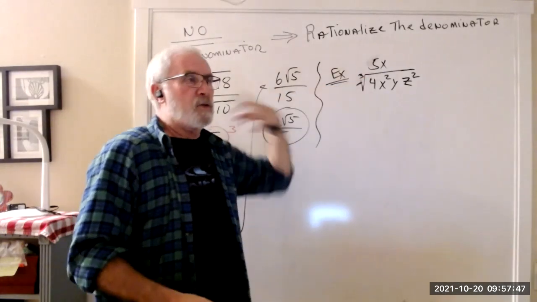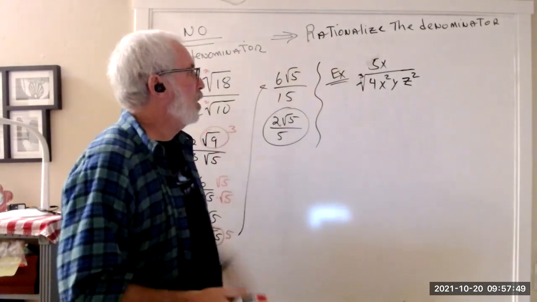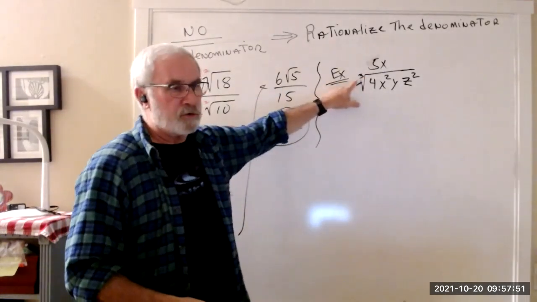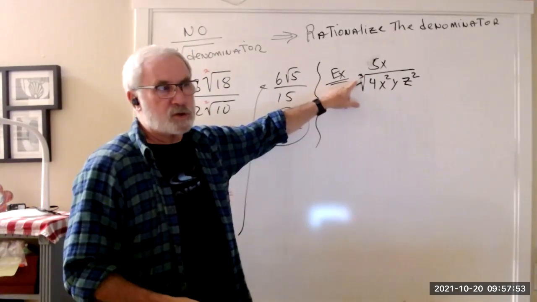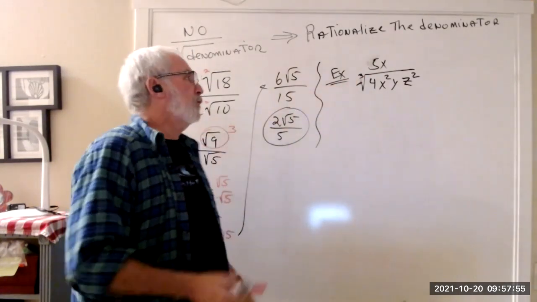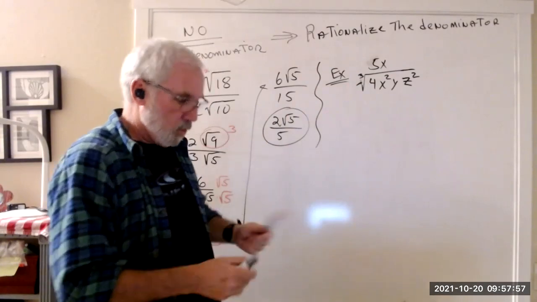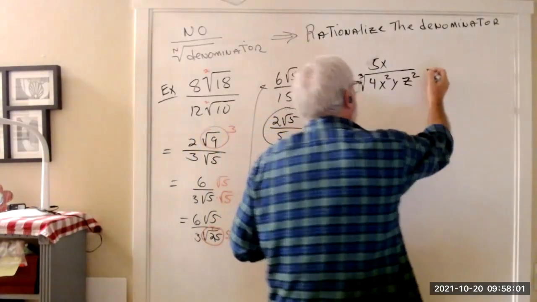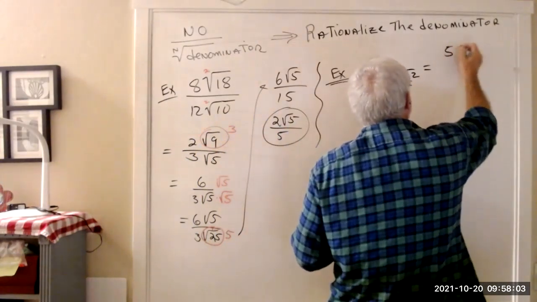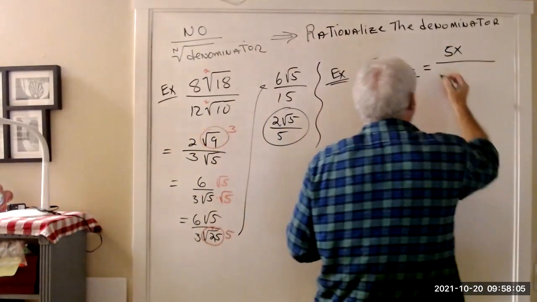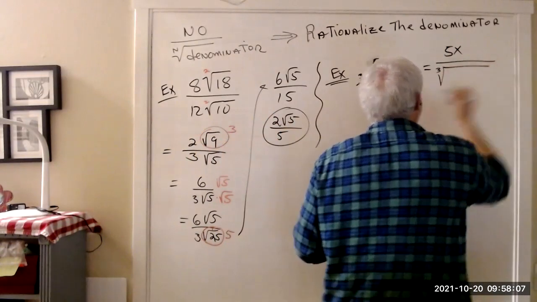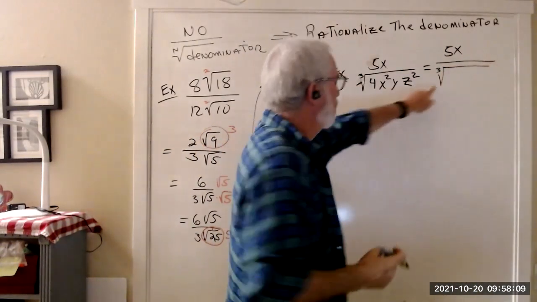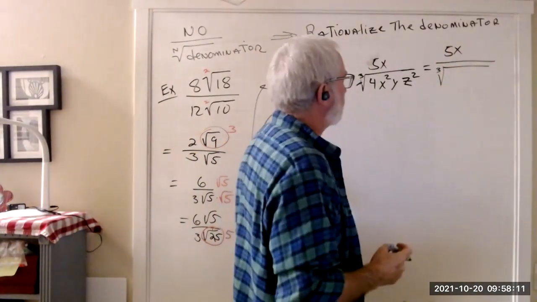Okay, the problem gets a lot more complicated when it's cube roots and fourth roots and stuff like that. So the way I showed this is I said we want everybody cubed in here.